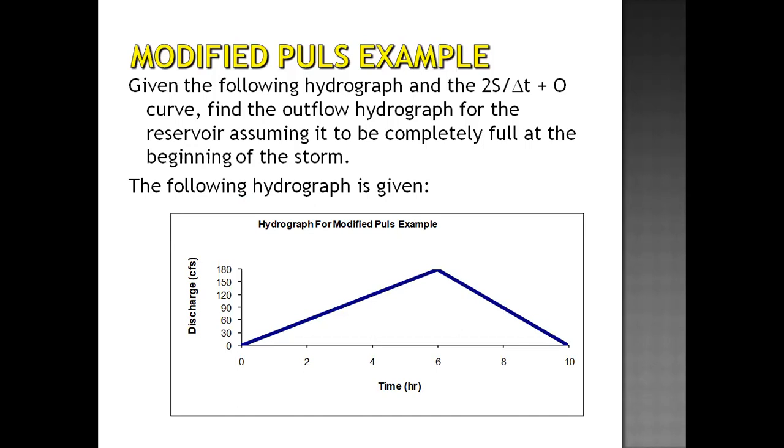Given the following hydrograph and the 2S/Δt + O curve, find the outflow hydrograph for the reservoir, assuming it to be completely full at the beginning of the storm. The following hydrograph is given. Hydrograph for modified pulse example, discharge in CFS and time in hours.